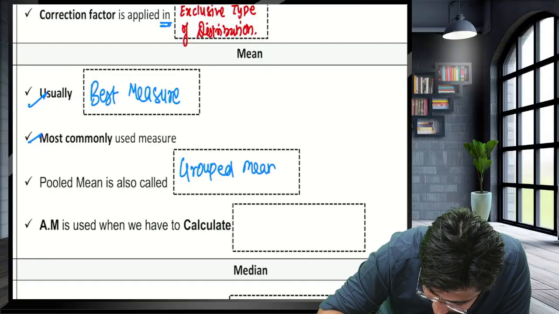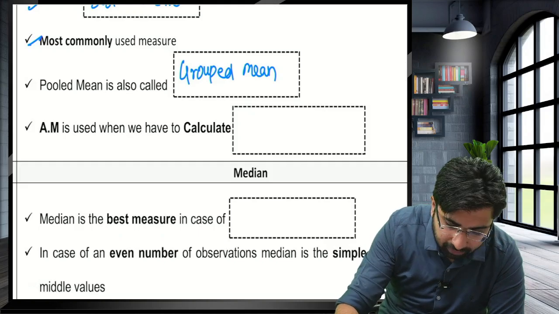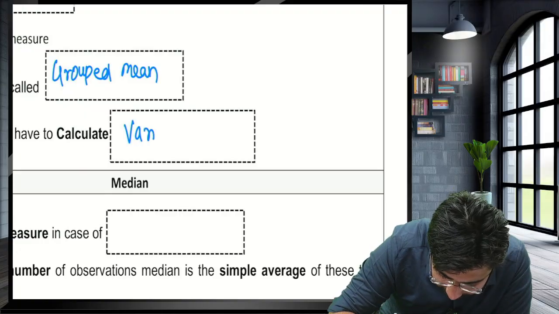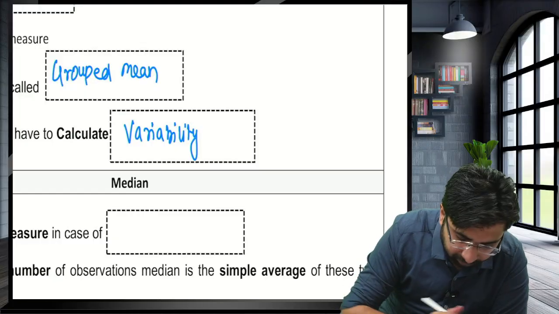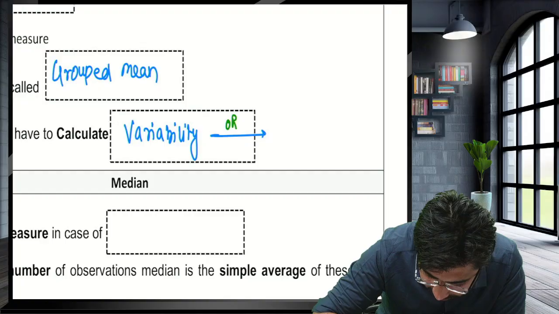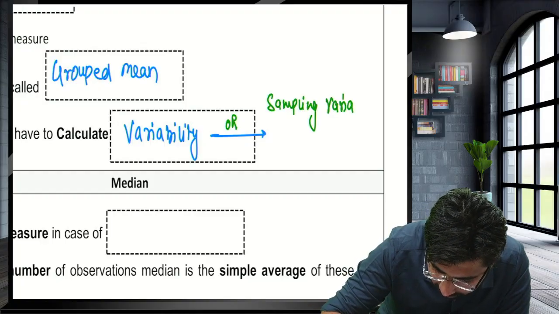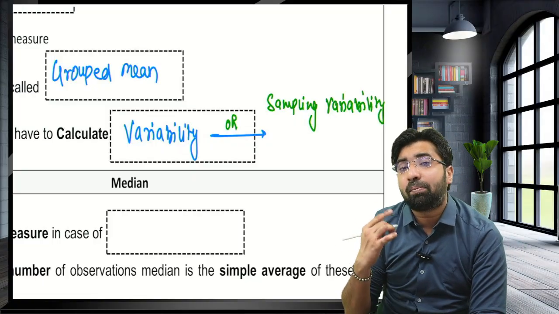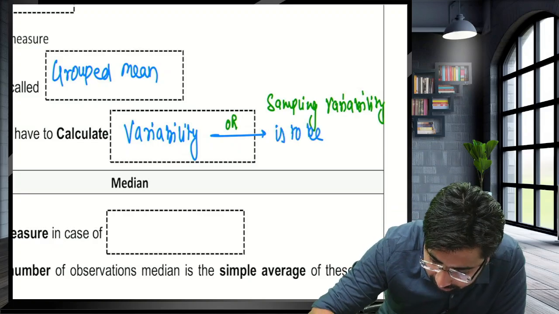Now, arithmetic mean is used when we need to calculate variability, or when sampling variability is to be least.